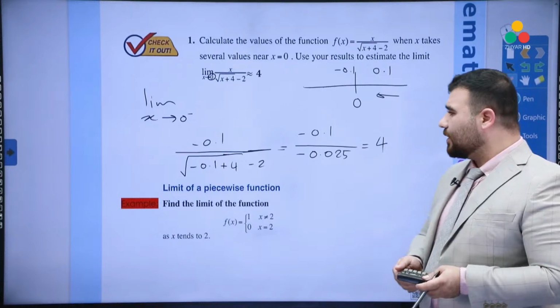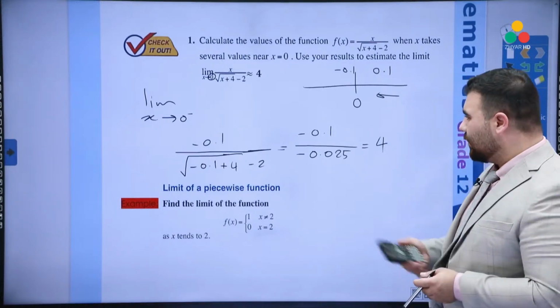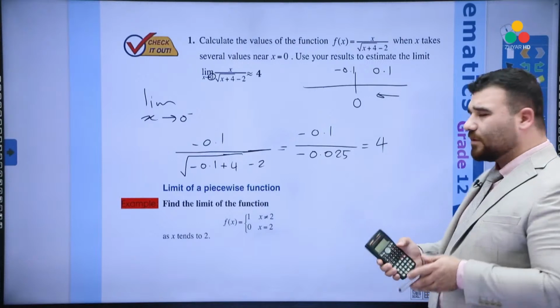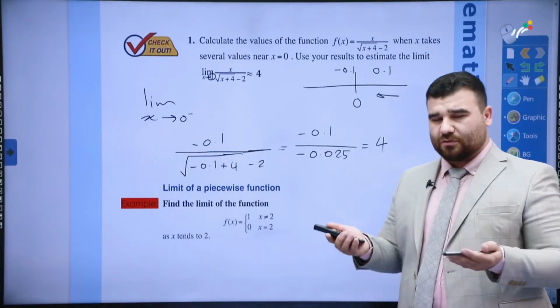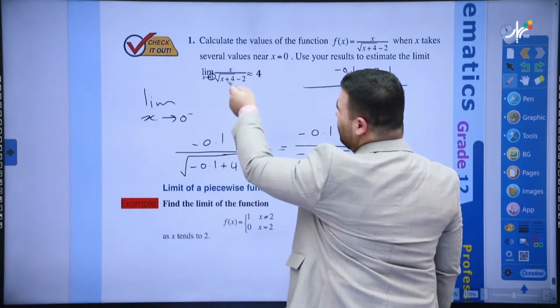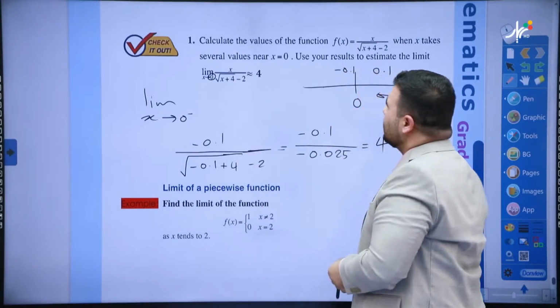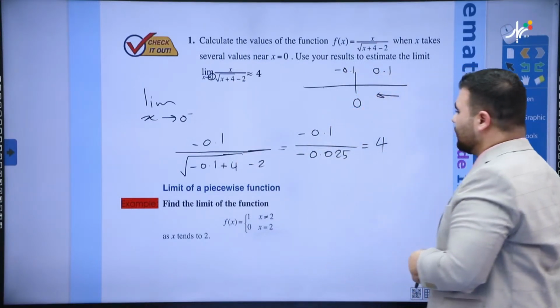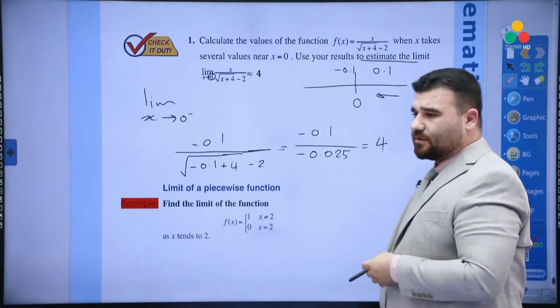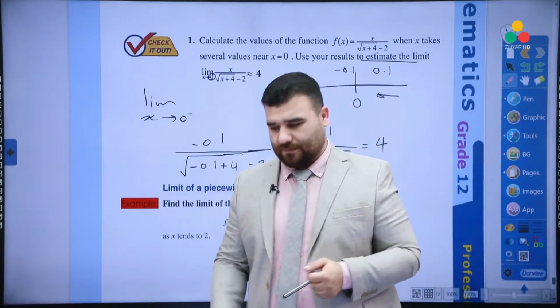If we put 0.1 in place of x, we do the same calculation with 0.1, and the result will be 4.02, which is very close to 4. Then we can say the limit as x approaches 0 for this function is nearly equal to 4. The question says estimate. Estimate means nearly, so the answer is 4.